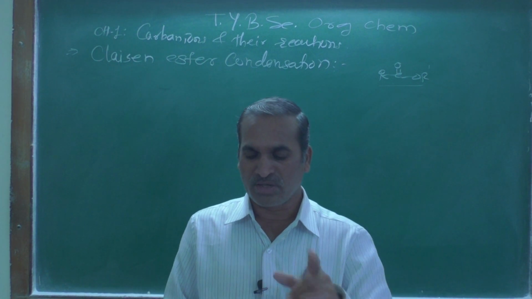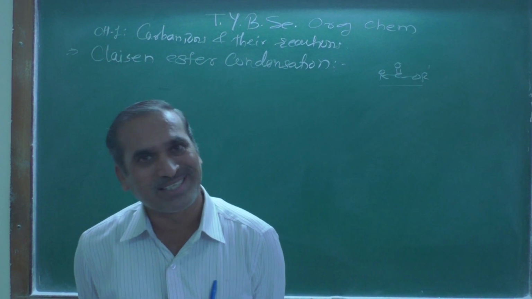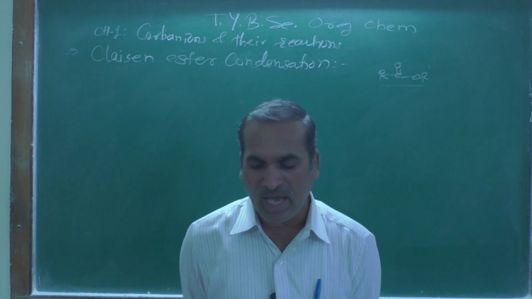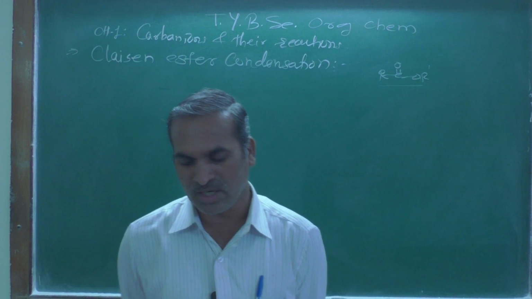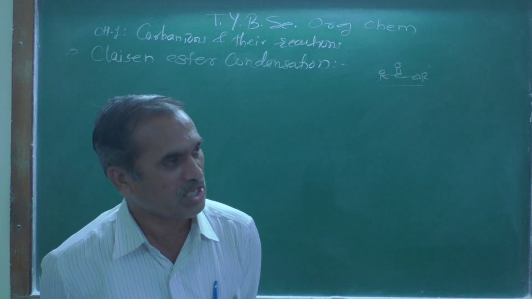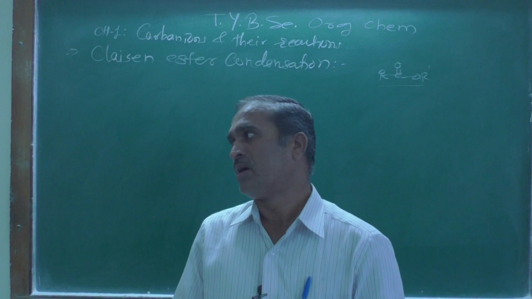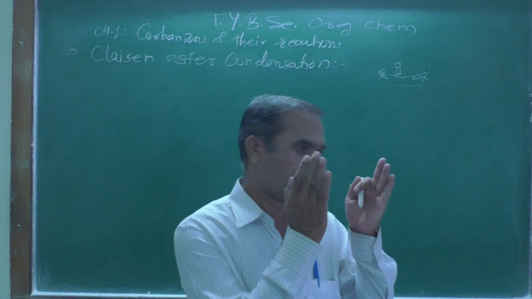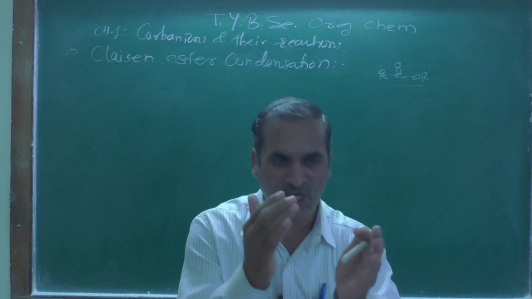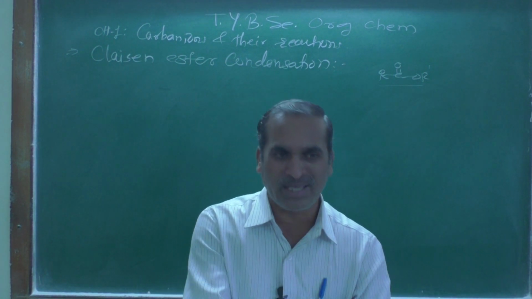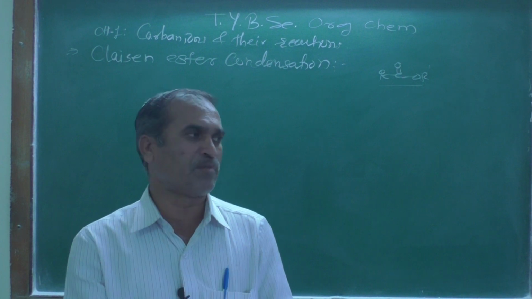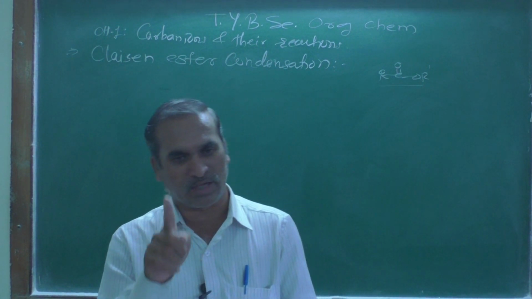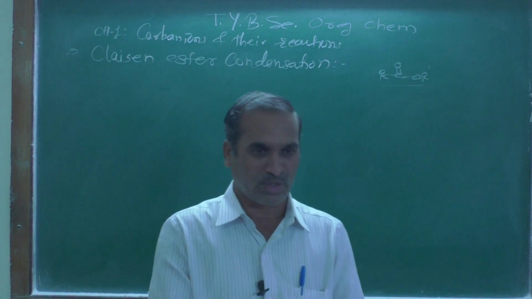Ethyl acetate condenses in the presence of sodium ethoxide to give ethyl acetoacetate, or acetoacetic ester, the compound obtained by this process. The name of that compound is acetoacetic ester, or we can call it a beta keto ester.